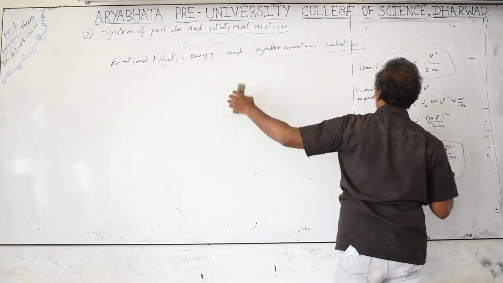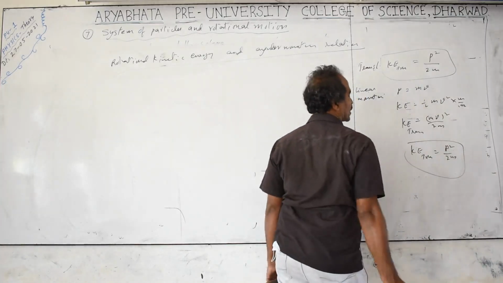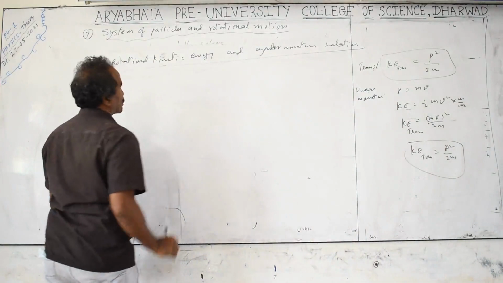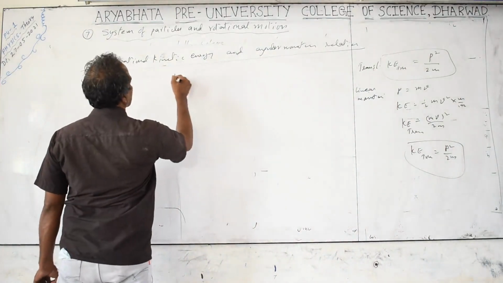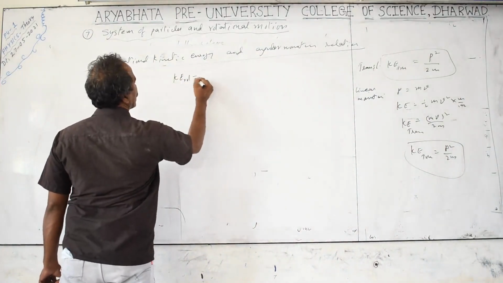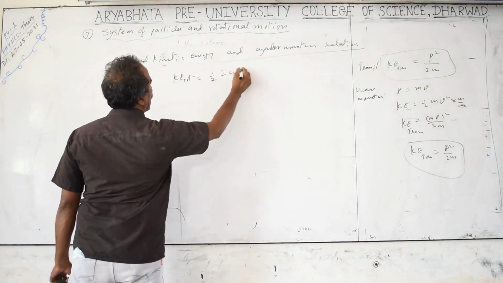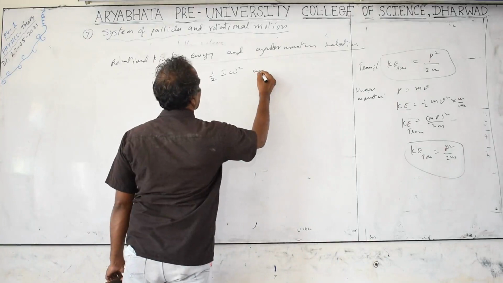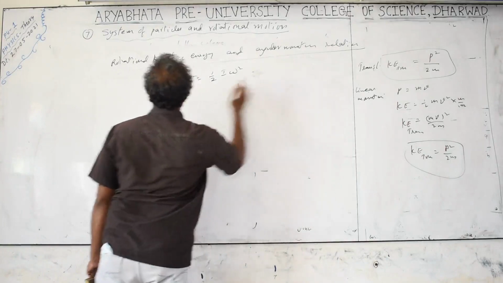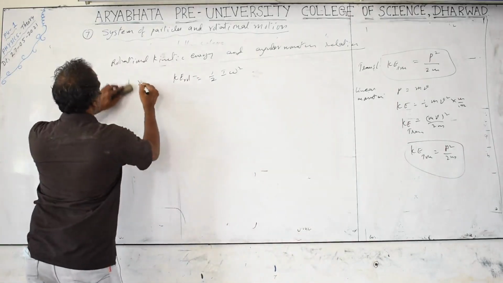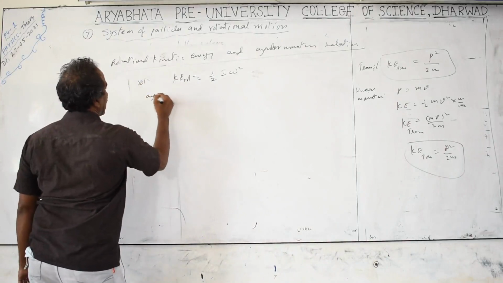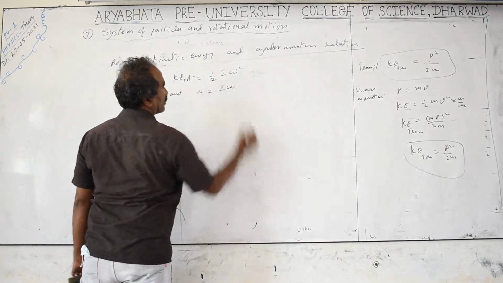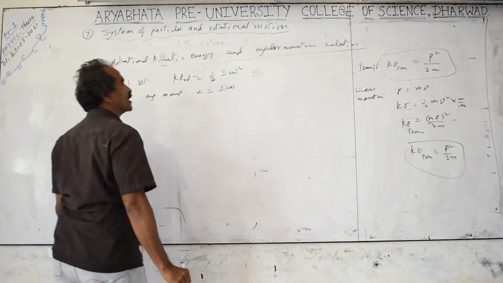For rotational motion, wherever linear momentum is there, it is replaced with angular momentum, and mass is replaced with the moment of inertia. So rotational kinetic energy equals half I omega square, which is the formula we have, and angular momentum L equals I omega. L equals mv sin theta is also there, L equals I omega is also there.